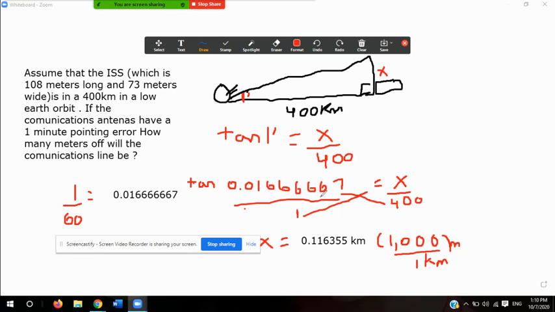So we're going to leave our answer expressed at 3 significant digits, which would be 116 meters. So our answer is 116 meters.